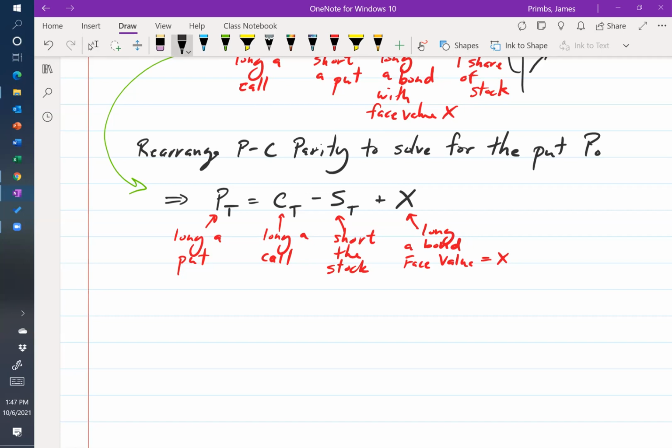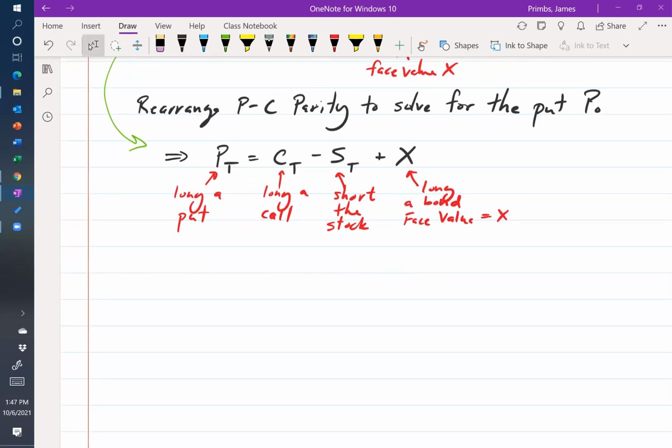So this tells me a put payoff is actually equivalent to this portfolio here. Okay, so two things that have the same payoff must have the same price. And that's how we did put call parity.